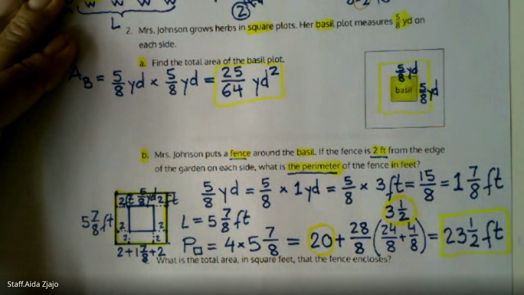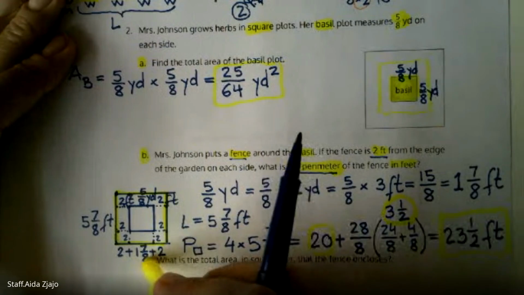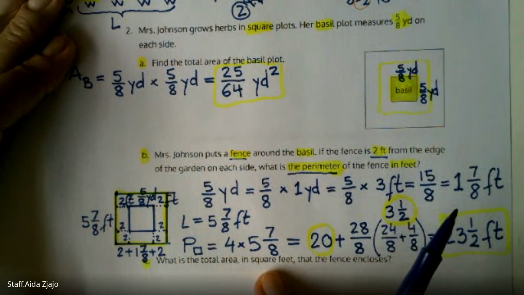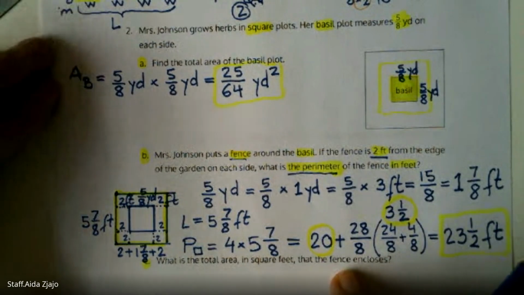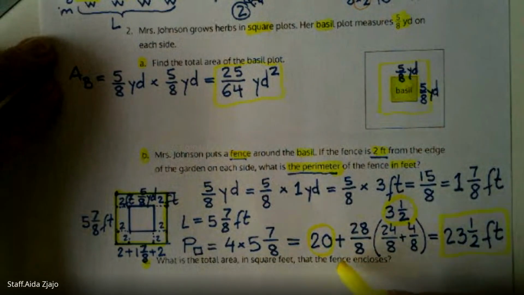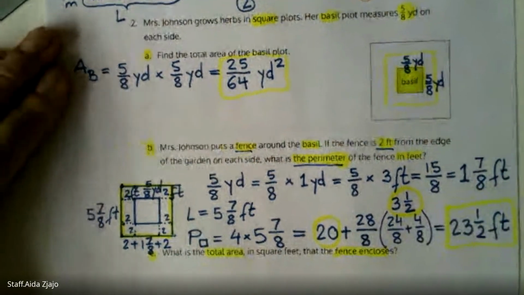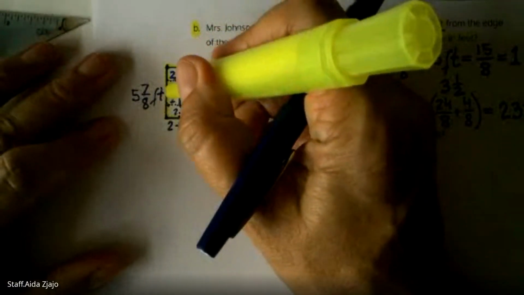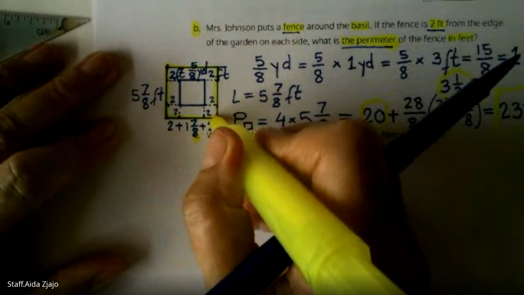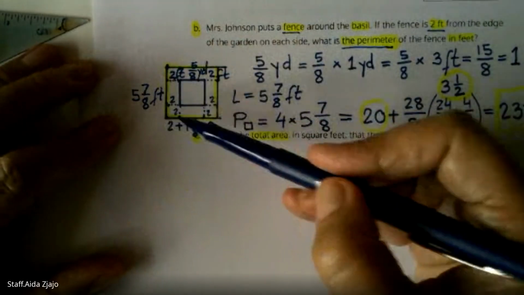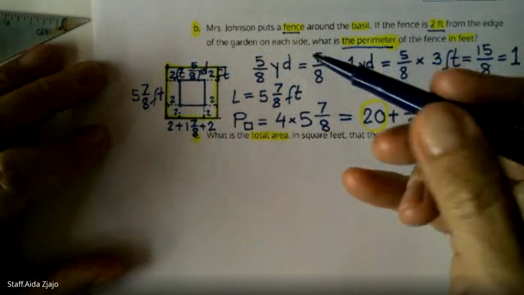Okay, let's look at this one, which is E. What is the total area in square feet that the fence encloses? So the fence is going to enclose the total area. Now area is length times width, and because it's a square, both are S, so S times S or S squared.